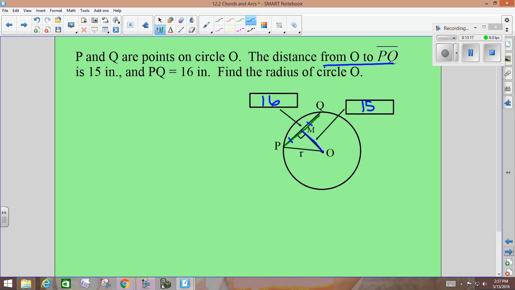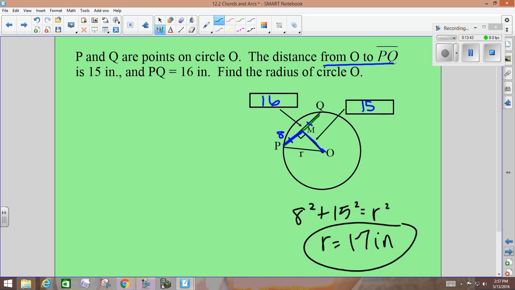If a chord shows a right angle, then it's getting bisected by the segment. So Trevor, what would be the length of PM then? And we know that MQ is 15. So Megan, what are we going to use to find R? Good, your Pythagorean theorem. 8 squared plus 15 squared equals R squared. You should get a radius of 17 inches then.